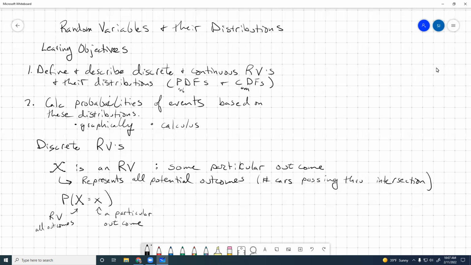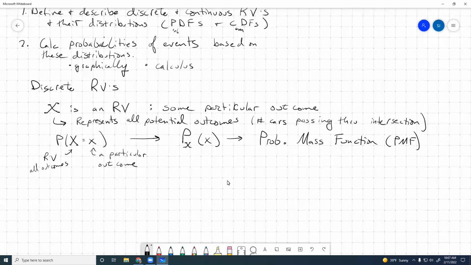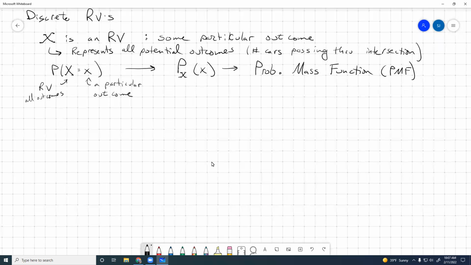And we can write this as, we'll introduce this nomenclature, P big X of little x, which is what we call the probability mass function, or PMF. And this is where we're going to be talking about the actual distribution of a random variable.